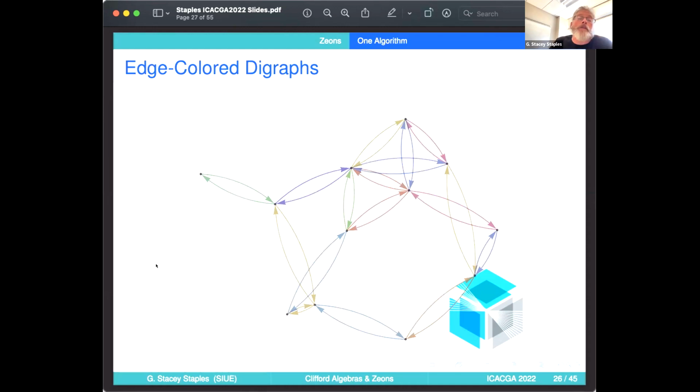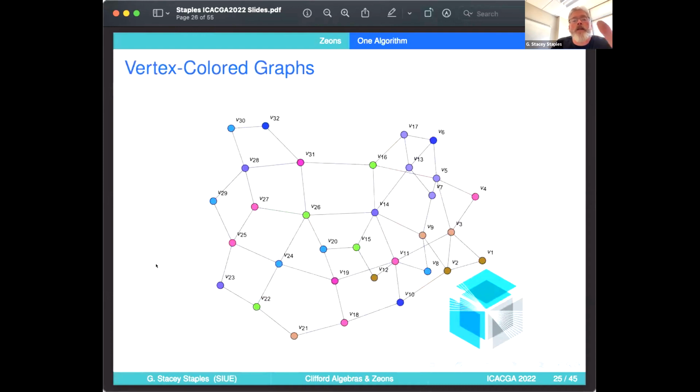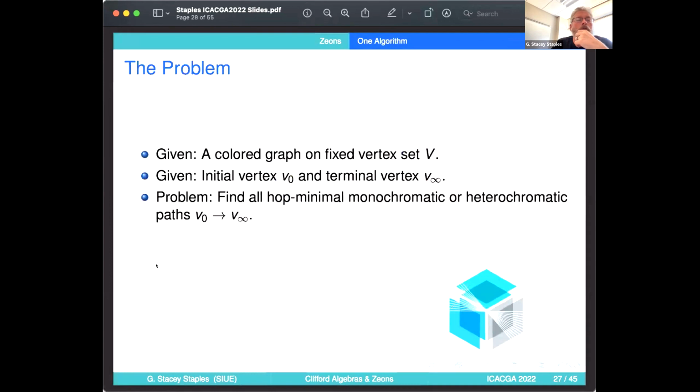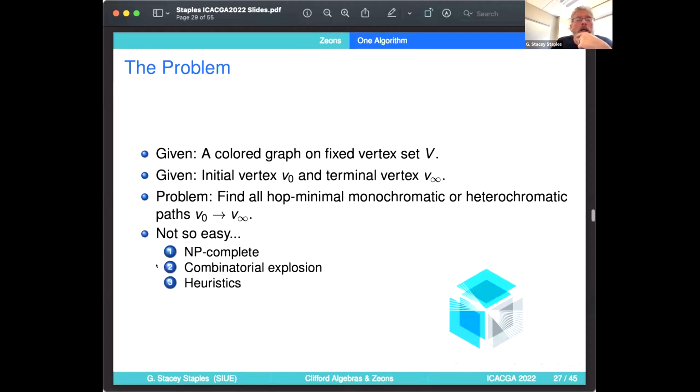Or if I want it to be all on one color edge, or visiting only a monochromatic path where all the vertices that I visit are the same color, I can do that as well with just some tweaks to the algebras and maybe defining a slightly different algebra. But again, you're given a colored graph, an initial vertex and a terminal vertex, and I want to find all the shortest monochromatic or heterochromatic paths, from V0 to V infinity.